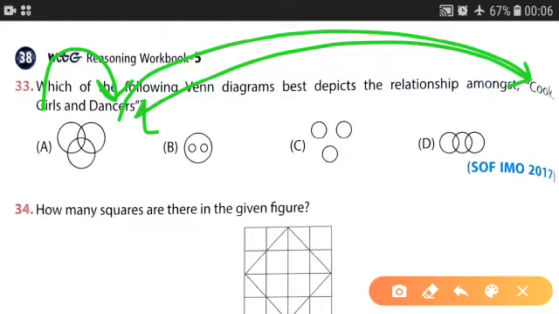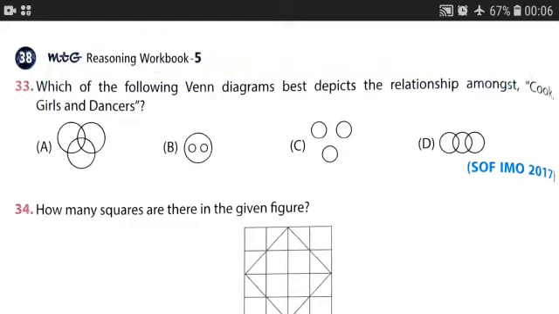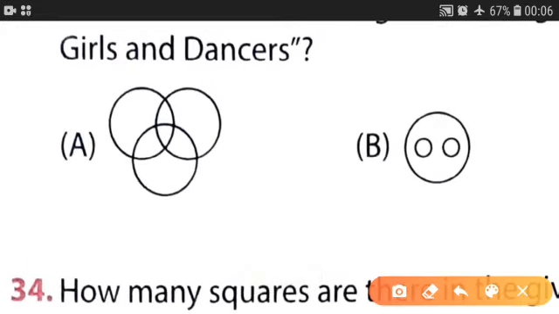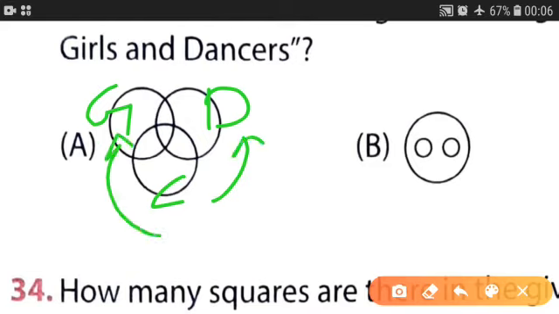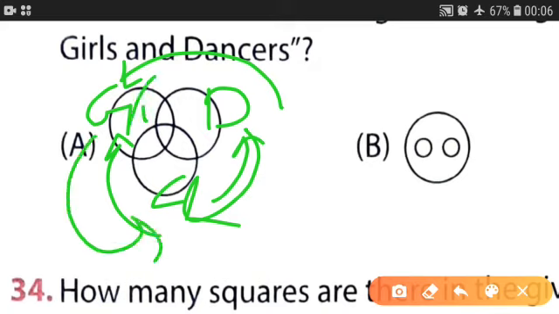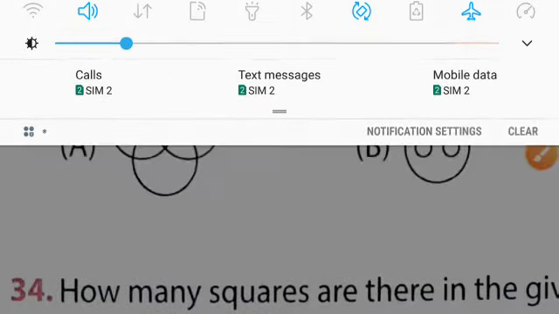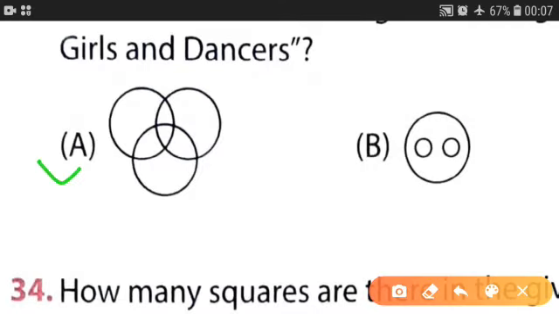Yes, it can be. These are girls, these are dancers, these are cooks. A cook can be a girl also. A dancer can be a girl, and can also be a cook. A girl can be a cook, and can also be a dancer. So all three relations are being followed. Hence our answer is option A.